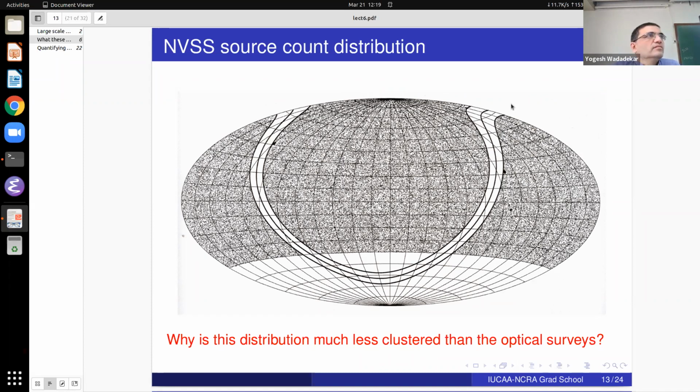So what is it? Can you think of a non-AGN mechanism for radio emission from galaxies? Pulsars, yes, but they're very weak in the continuum. 21 centimeter will give you neutral hydrogen, but that's again emission in a line.